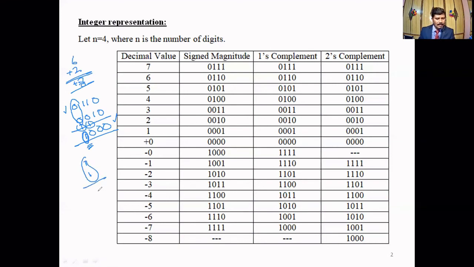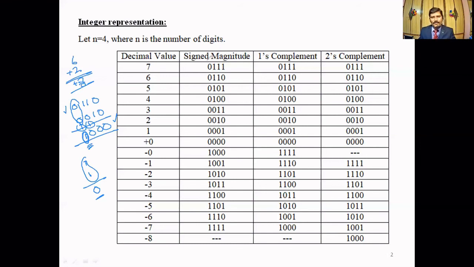Again, when two negative numbers are added, obviously the result should be a negative number. If you get a positive number, then we can say that there is an overflow.